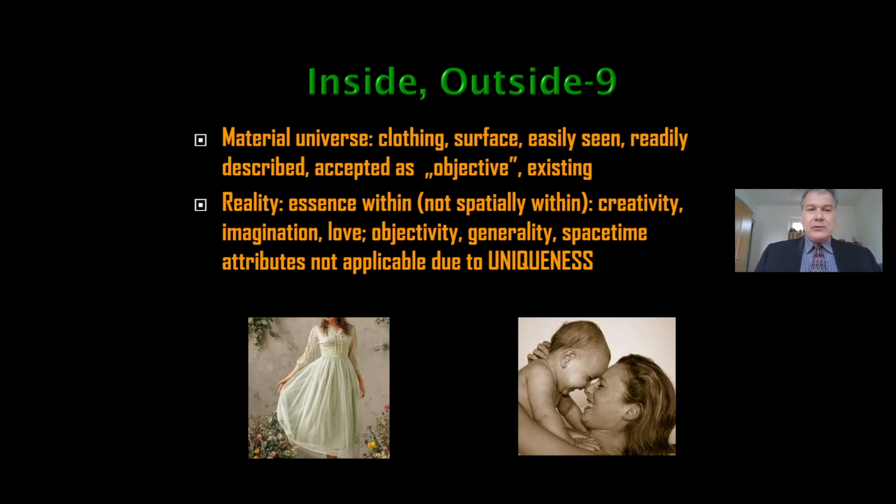So in your material universe, you are interested in the clothing, in the surface that is easily seen, readily described, accepted as objective, existing. But reality is not skin deep. It goes deep. There is an essence within, not spatially within, okay, in figurative sense.